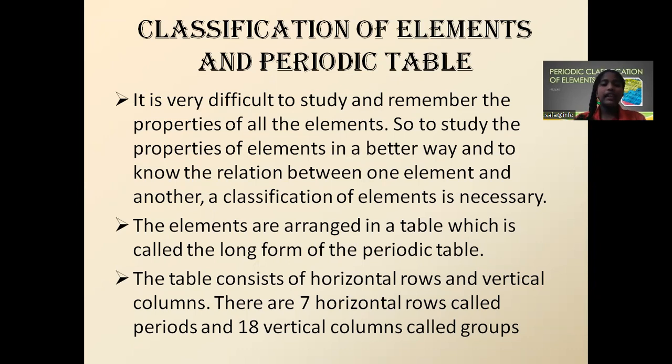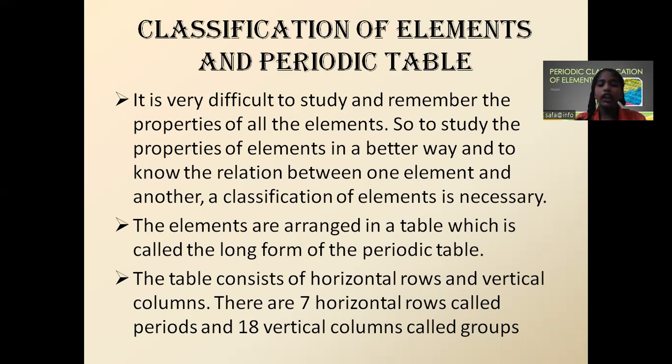The elements are arranged in a table which is called the long form of the periodic table. So the elements are classified in a table which is called the periodic table. The table consists of horizontal rows and vertical columns.